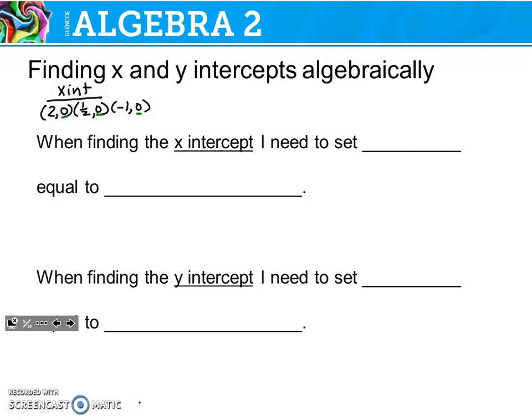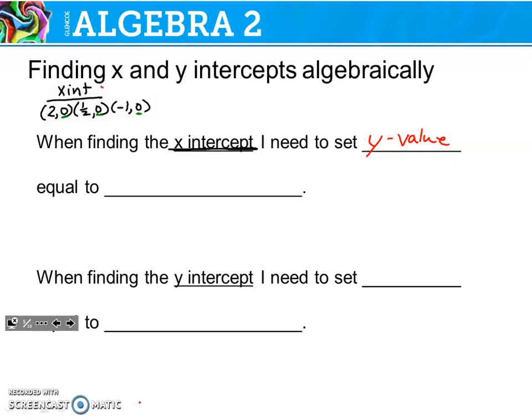So when I'm trying to find the x-intercept, our rule that we're going to use is we need to set our y value, or just our y, and what do we want to set our y equal to when we are dealing with x-intercepts?